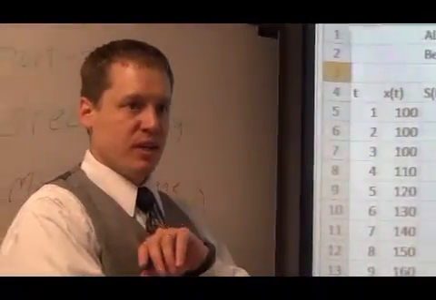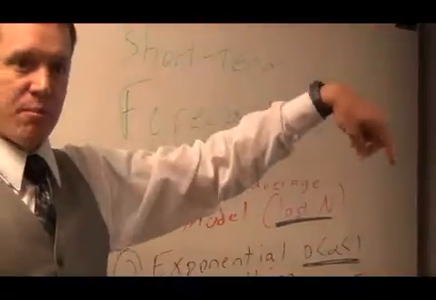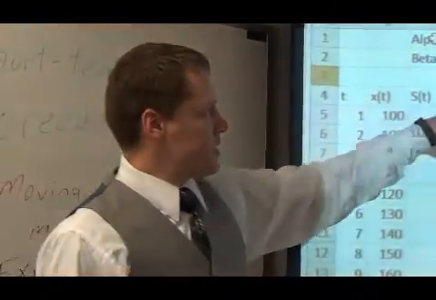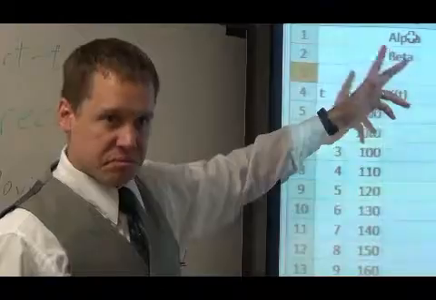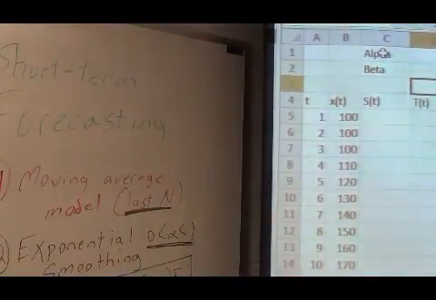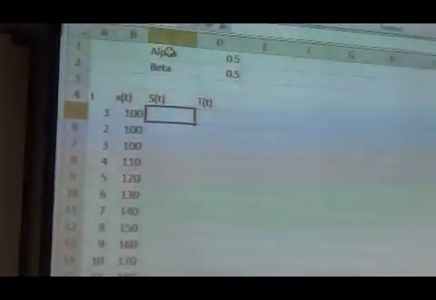Both of those are just going to be exponentially smoothed values with that alpha and that beta. S is smoothing the X's. T is smoothing the difference between the last two S's. Simple enough.